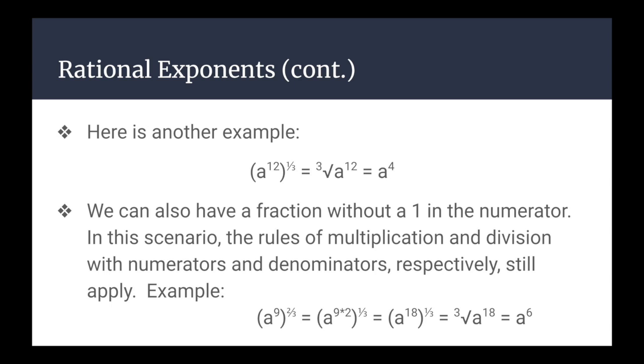So we'd have a to the power of 9 times 2 to the 1/3 power, which would simplify to a to the 18th power to the 1/3 power, which would then be equal to the cubed root of a to the 18th power, which is equal to a to the 6th power. And we know this is true because if we just multiply 18 and 1/3 together, we get a to the 6th, but we get the same thing if we do the cubed root of a to the 18th power.